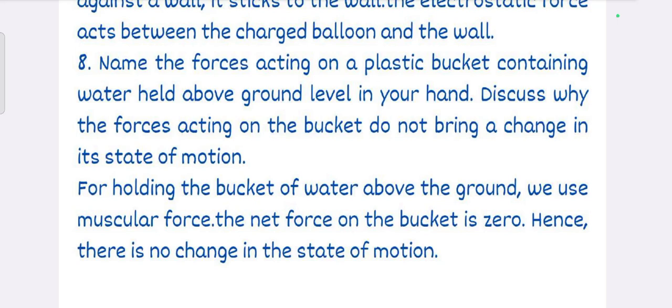The net force on the bucket is 0. Hence, there is no change in the state of motion.